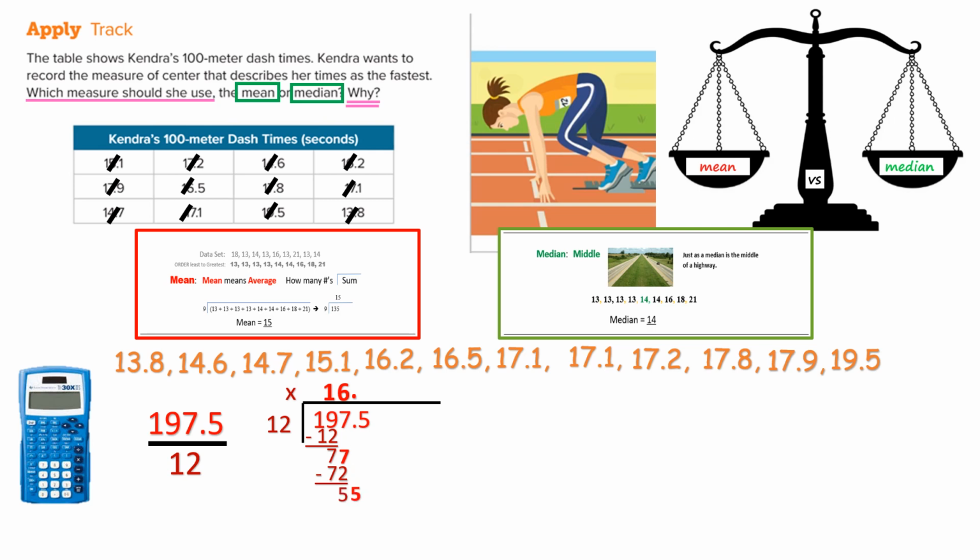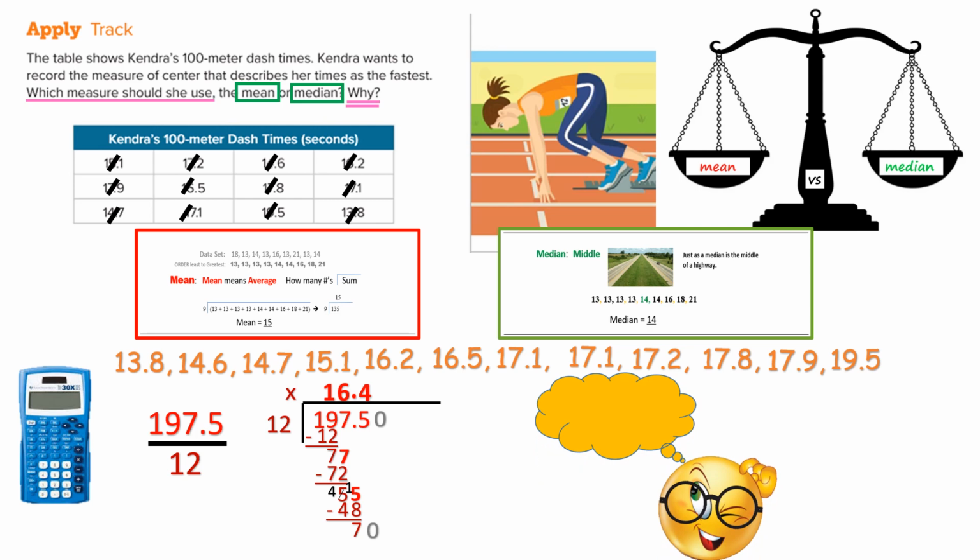I have a 5 left over, and I bring my 5 down. 12 goes into 55 4 times, because 4 times 12 is 48. 5 would have been 60, and that's too much. So when I subtract those, I have to borrow, and 15 minus 8 is 7. Bring down my 0.